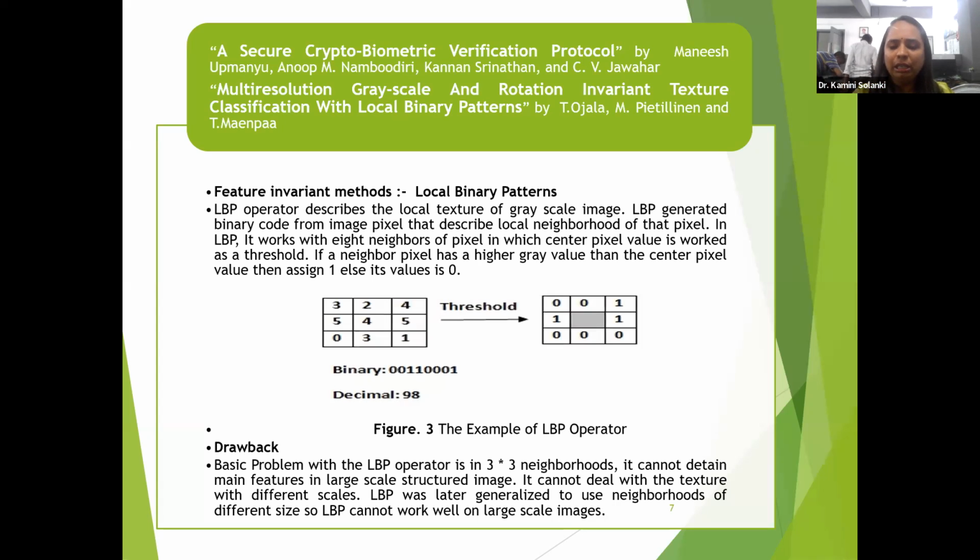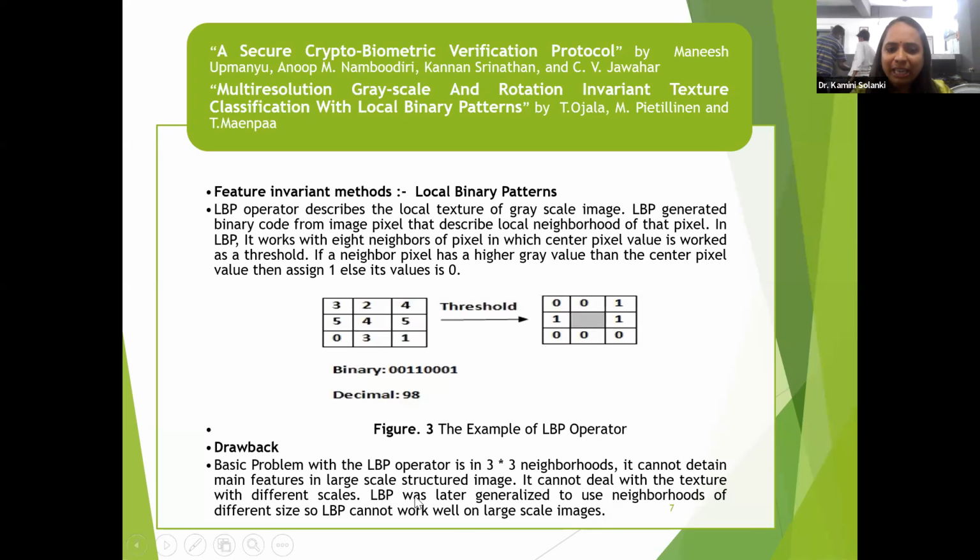So after the grayscale, you can calculate the local binary pattern. That is very important. In that, each pixel value is converted from RGB into grayscale. Now the grayscale image has some values, so you can do the operations on a 3 by 3 matrix, 5 by 5 matrix, that is up to you.